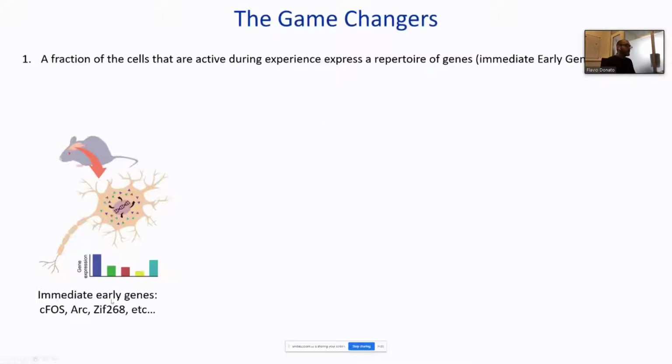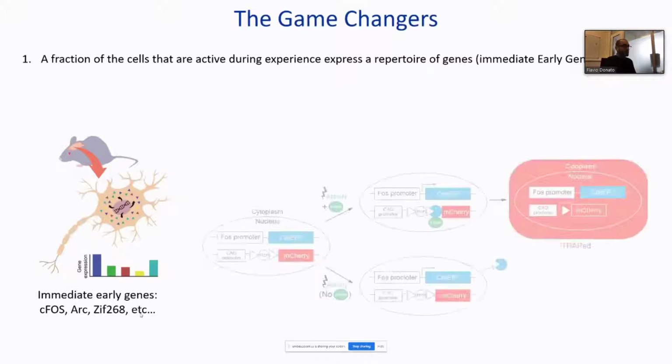Part of the immediate early genes are cFos, Arc, Zif, Homer, and many others, whose induction is connected to the ability of the neuron either to be activated by experience or to become plastic following an experience itself. So these genes became a tool to label selectively the population of neurons that were activated during experience, which in our hypothesis were Semon's engram.